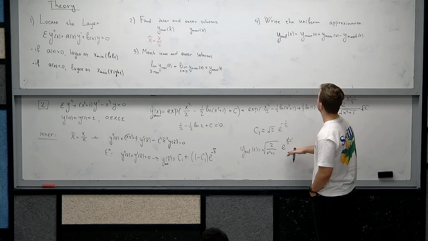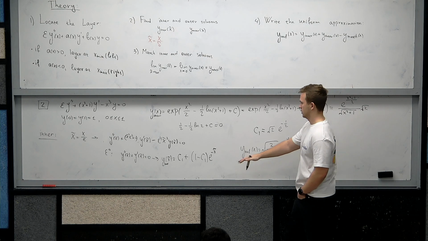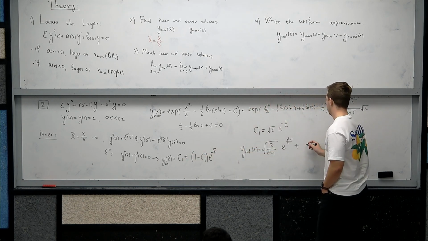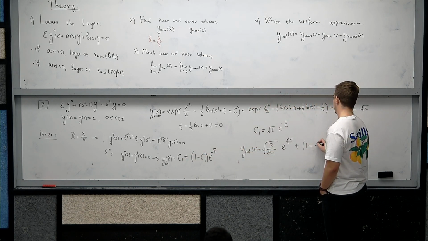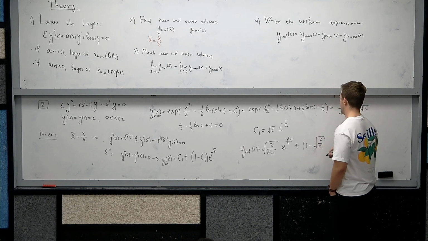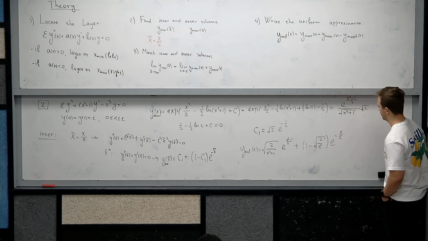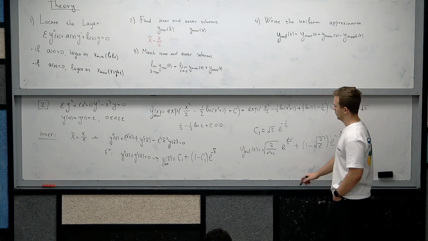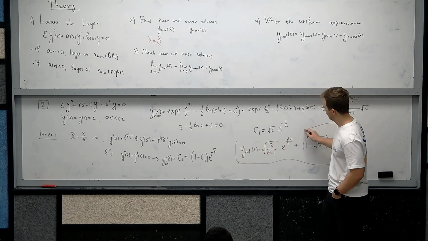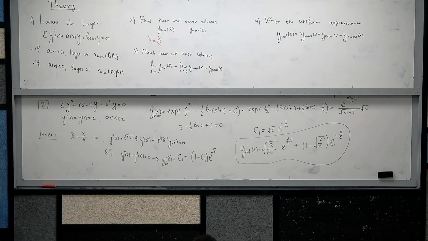No, I first write the outer, then plus, without this c1 because we subtracted. That's our leading order uniform approximation. Any questions so far?